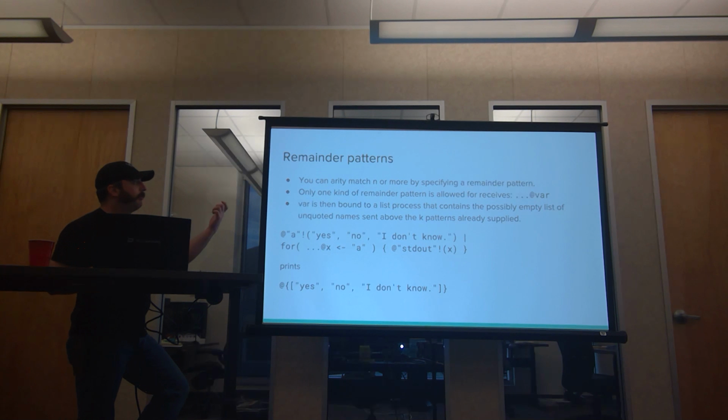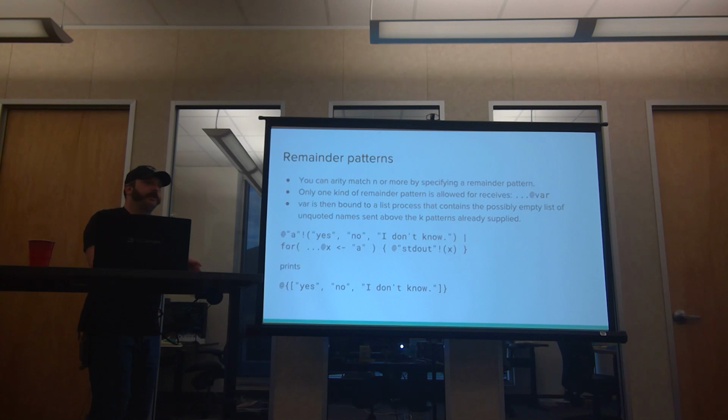So you can specify a remainder pattern. Unlike the other patterns in the slot, you can't specify a more complicated remainder pattern, because if you knew what the remainder was going to look like, you could have made that part of the pattern. So you're not really losing any functionality by us saying your remainder can only be a quote of R.